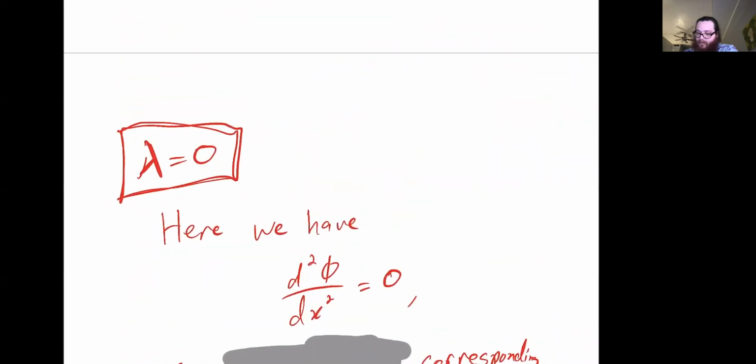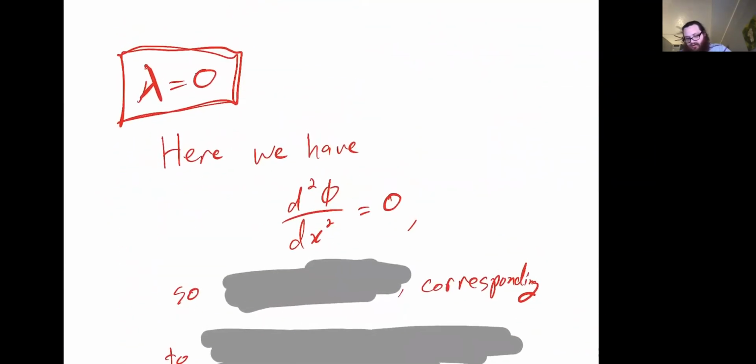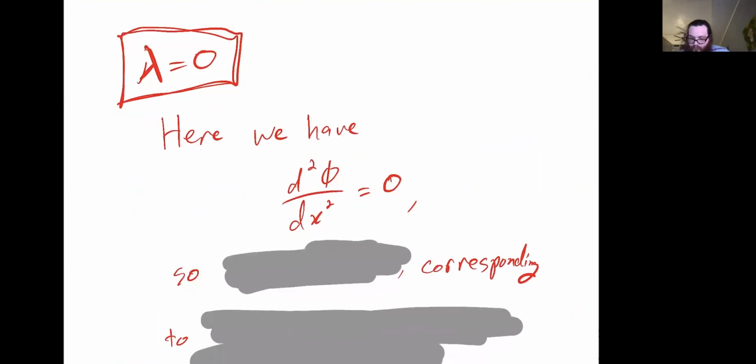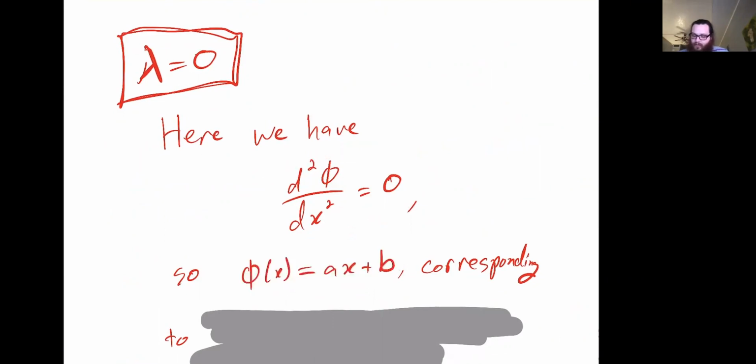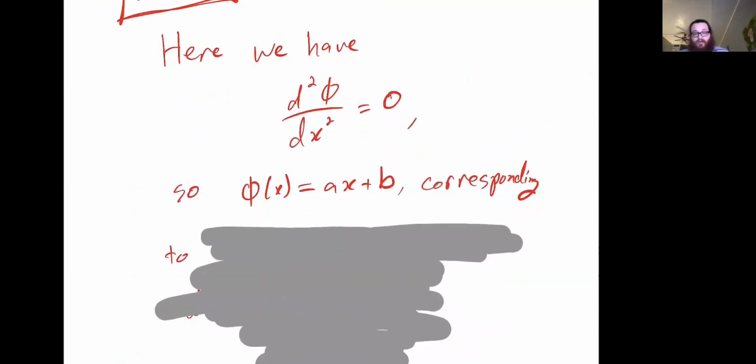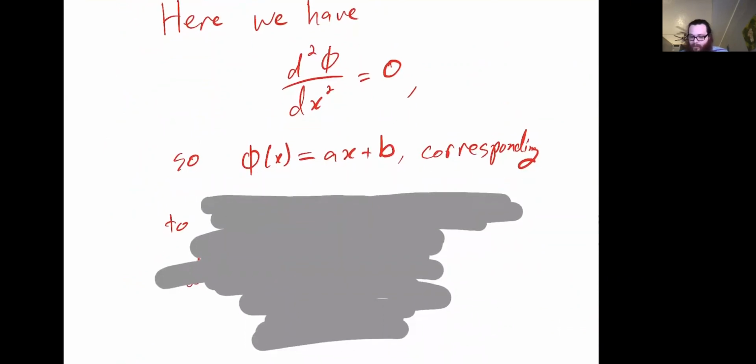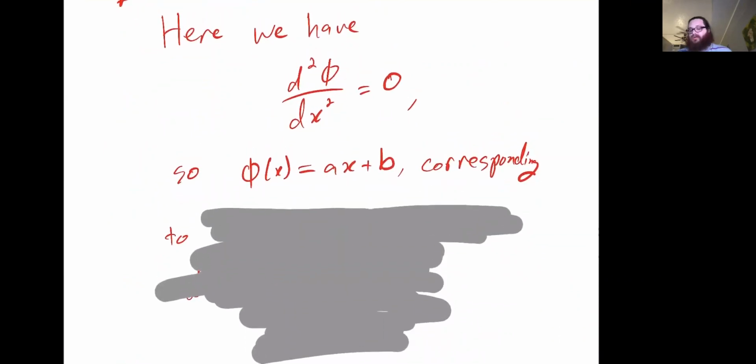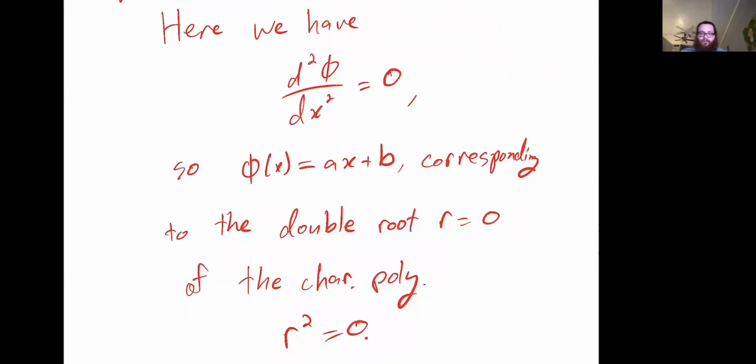The first case we're going to consider is lambda equals 0. Here we have this ODE, d squared phi dx squared is equal to 0. So our solutions are just going to be these straight line segments. How do we get these solutions? Assume there's a solution of the form e to the rx, figure out what r is, plug that in, and you get r squared is 0, so you have a double root.